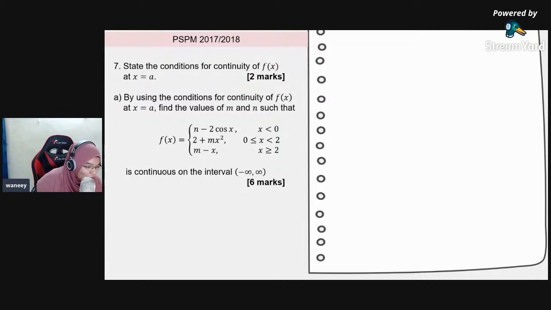Kenapa tiba-tiba je ada miau kat situ tu? Sabar je lah. Dia jadi kucing dah malam-malam buta.